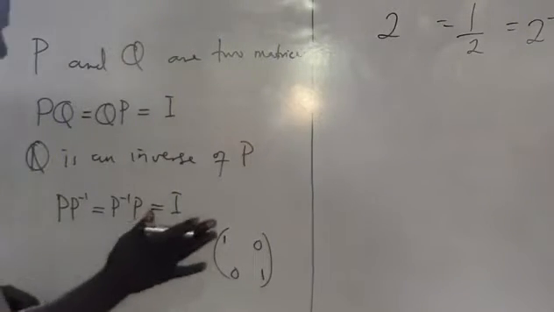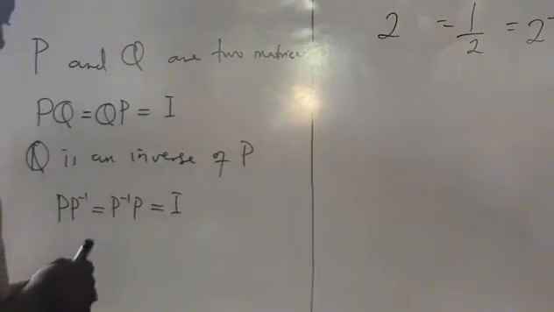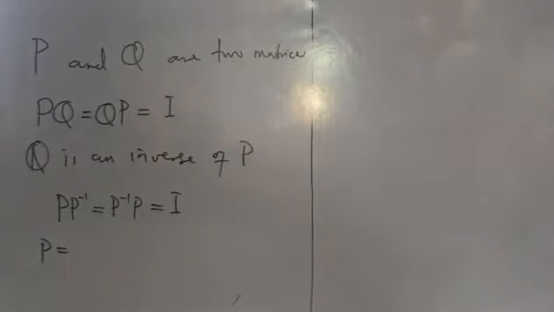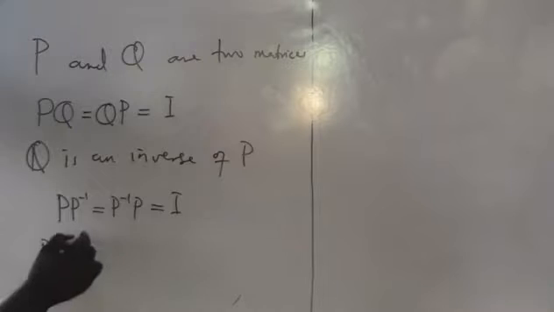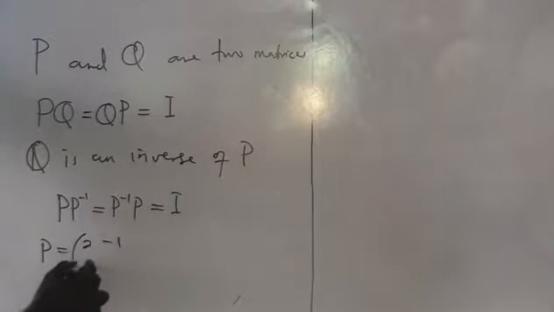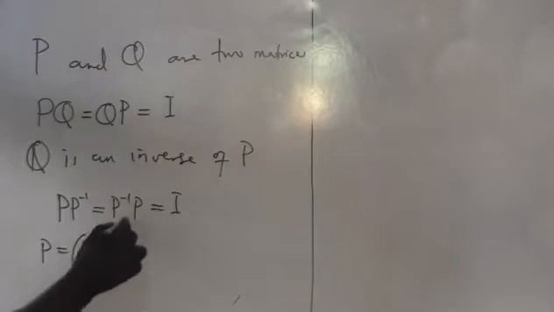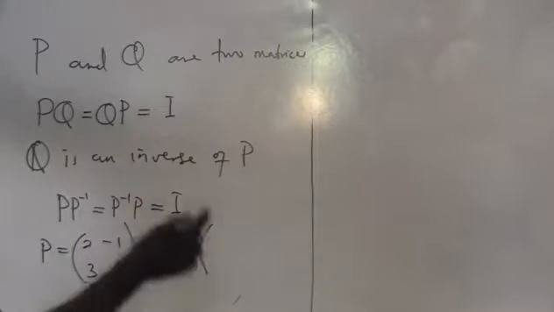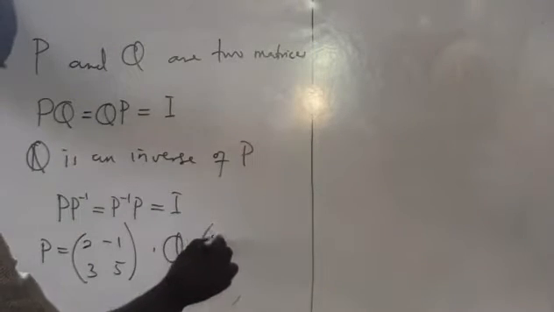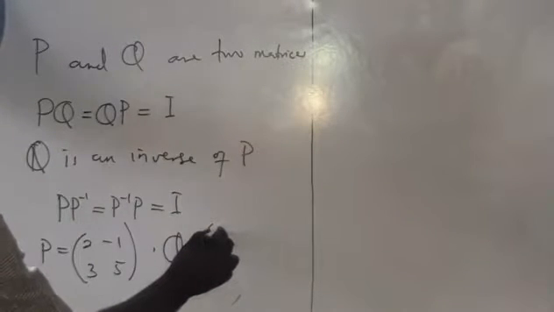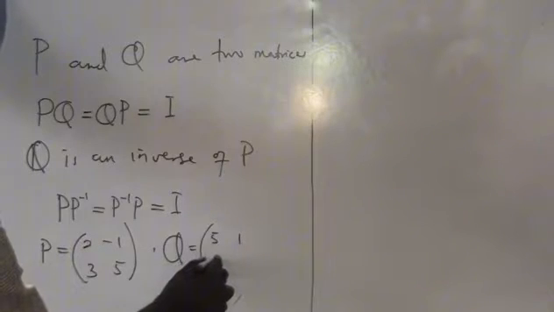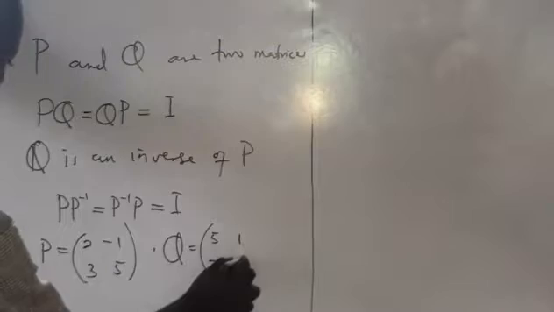Now let's look at how to do it. For instance, let's take matrix P to be 2, minus 1, 3, 5. Then we have another matrix Q to be 5, 1, minus 3, 2.